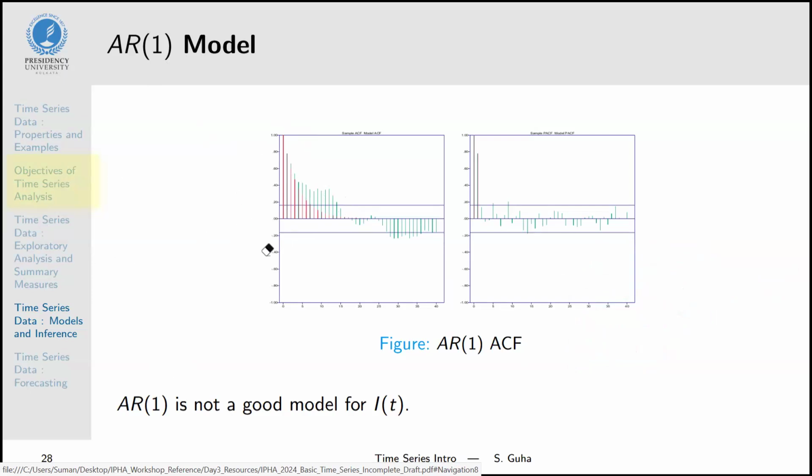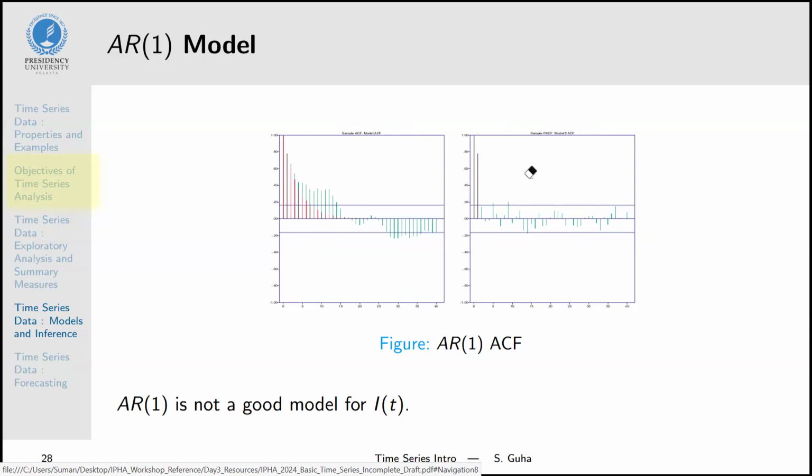Why is it not a good model? So far I was just talking about the left picture. Now I'll be talking about the picture on the right panel. If a model is appropriate for the data, then the autocorrelation of the model and the autocorrelation of the data should match.